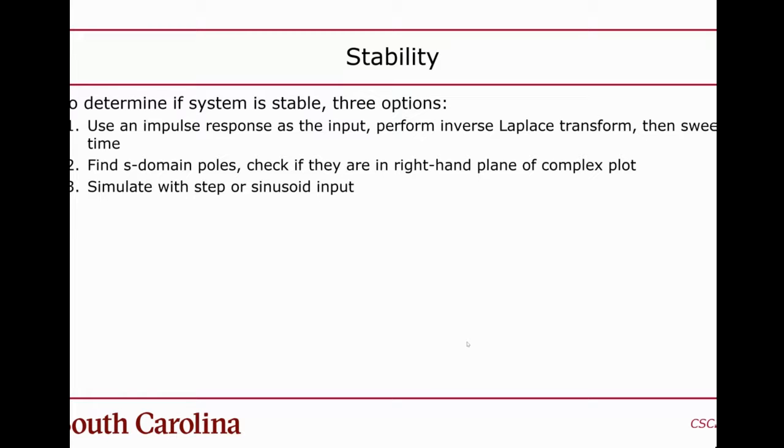Now I mentioned that S is a complex variable, so you could think of a complex value as having a real and an imaginary part. If you were to plot the imaginary part on the y-axis and the real part on the x-axis, then as long as all the poles are on the left-hand plane of the plot, meaning that they all have real values that are less than 0, not 0, but less than 0, they've got to be negative.